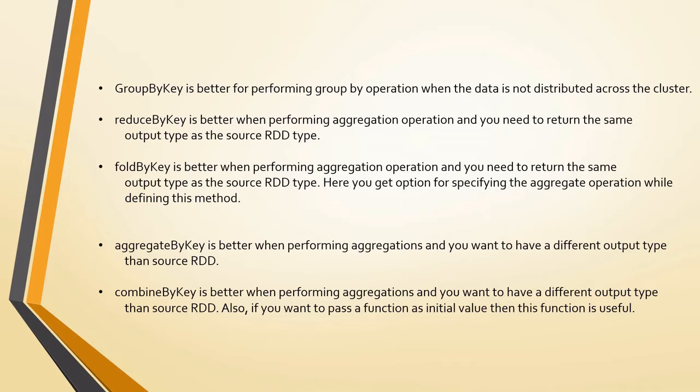So group by key usually performs well when your data is not distributed across all the other partitions. Group by is very good for grouping the values, but the main problem comes when you need to group the data across the partitions.